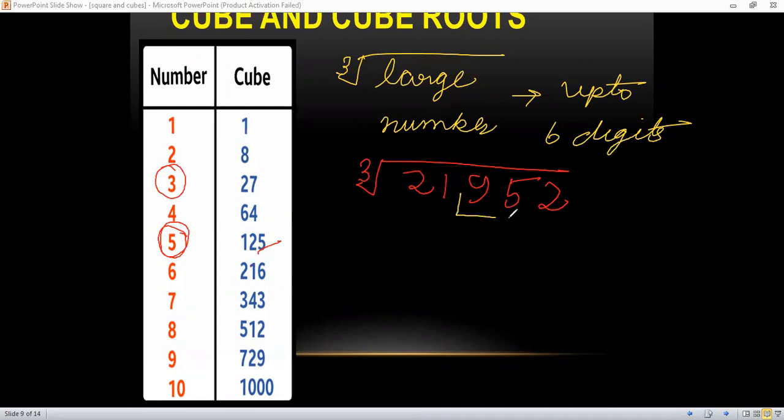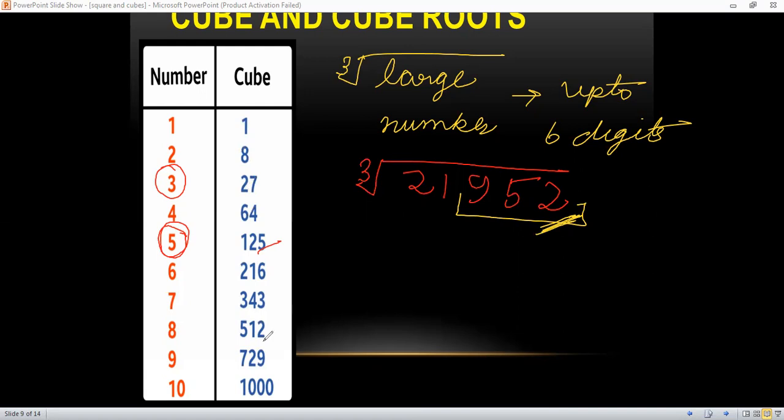Now from the last 3 digits, I will check the unit digit. Here you see 2 is written, so I will check the cubes of the numbers where 2 has come.